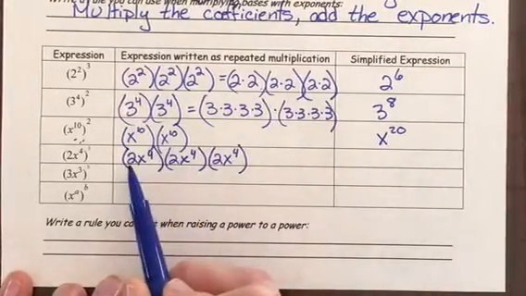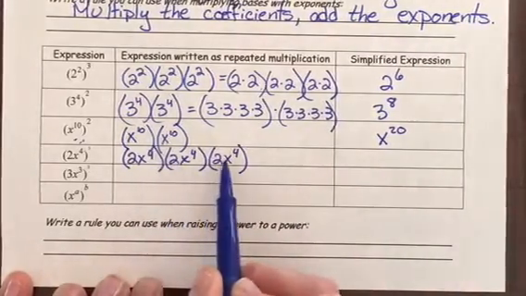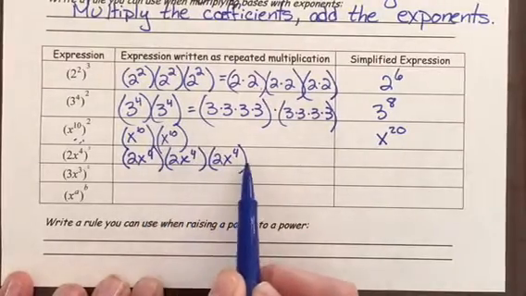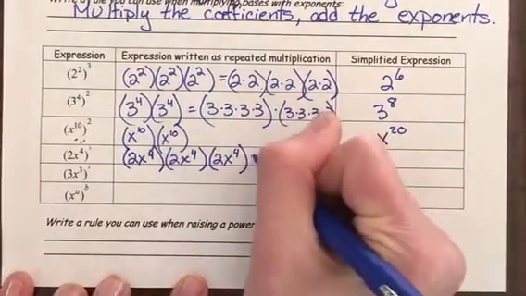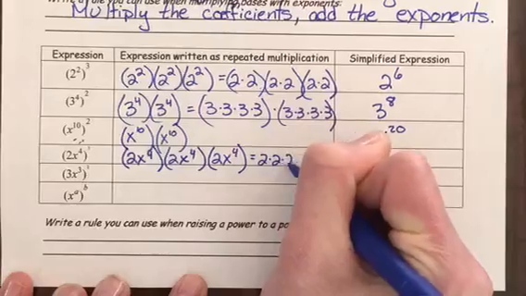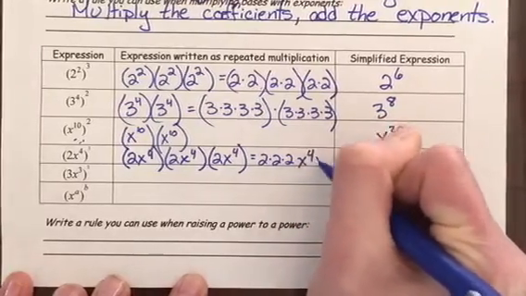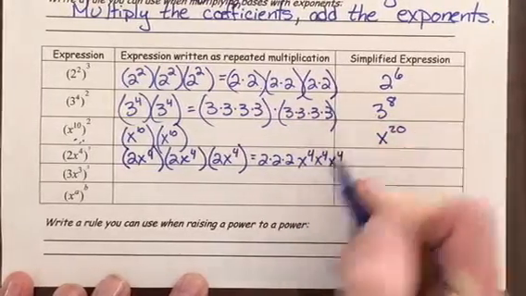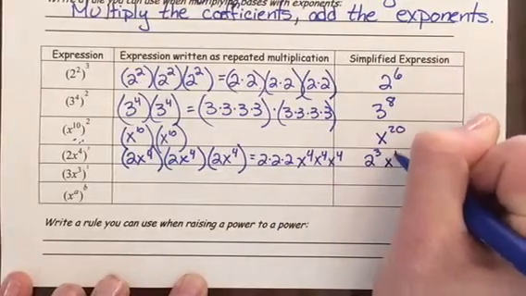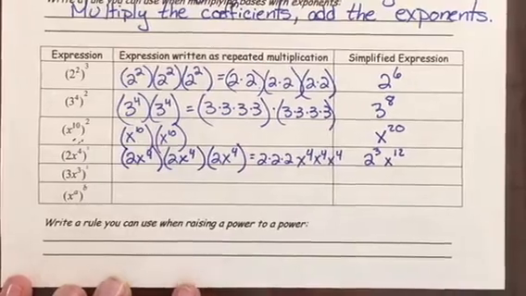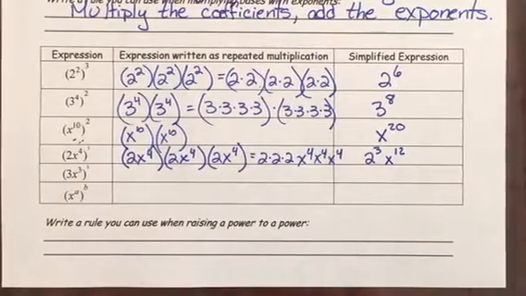So what this really means is we're doing 2 times 2 times 2, x to the 4th, x to the 4th, x to the 4th, because the commutative property says I can do it in any order I choose. So this becomes 2 cubed x to the 12th. And I know that you could write 2 cubed as 8, but for our purposes, we're going to leave it as an exponent for now.